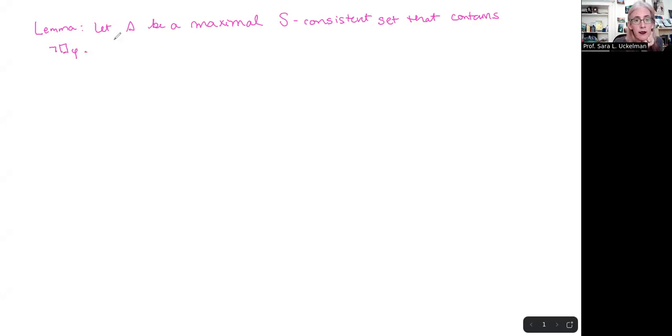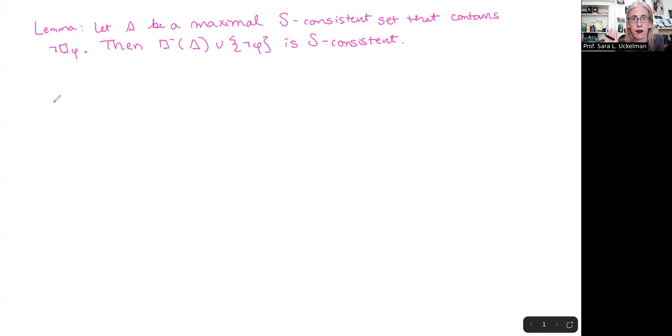What we're going to show then is that if we take the box minus of this set and union it with not phi, then this is also going to be S-consistent. Now, this doesn't look at all like what I had just previously described to you, but just wait. There's a corollary that will make things make sense.